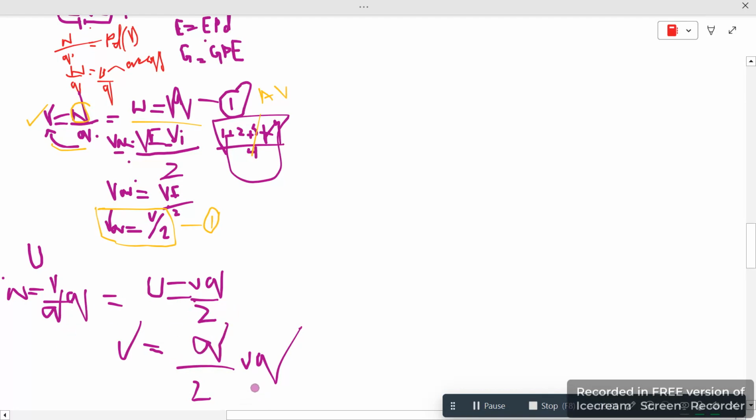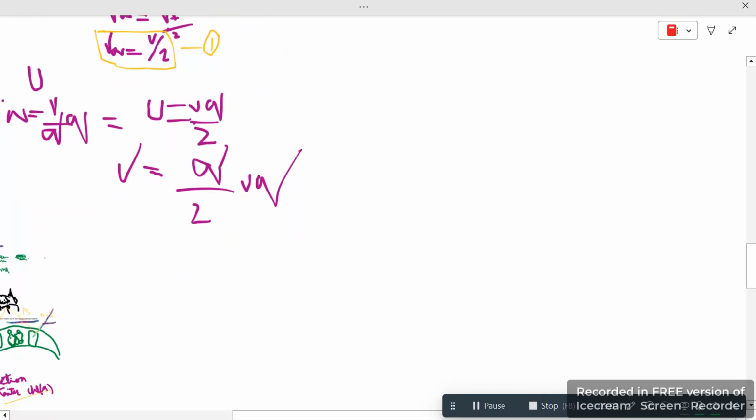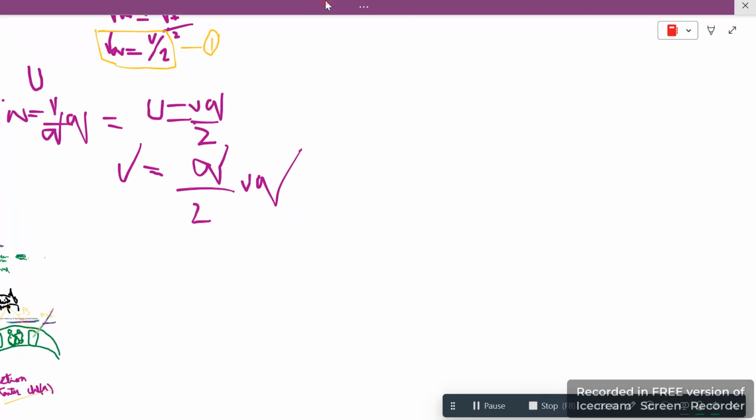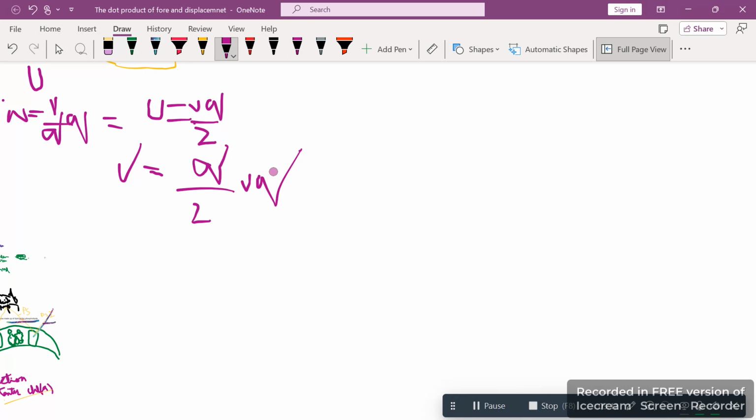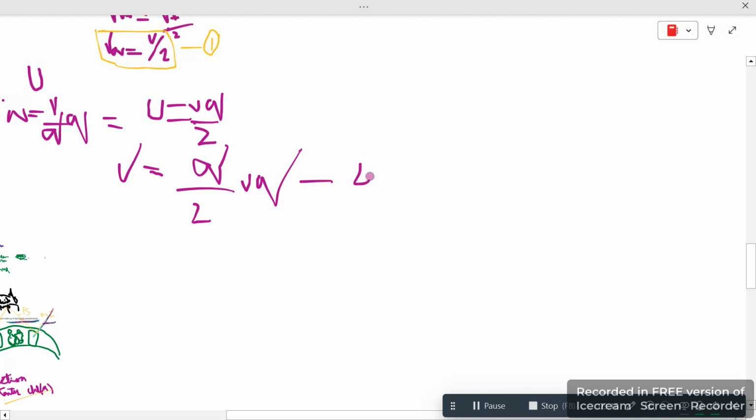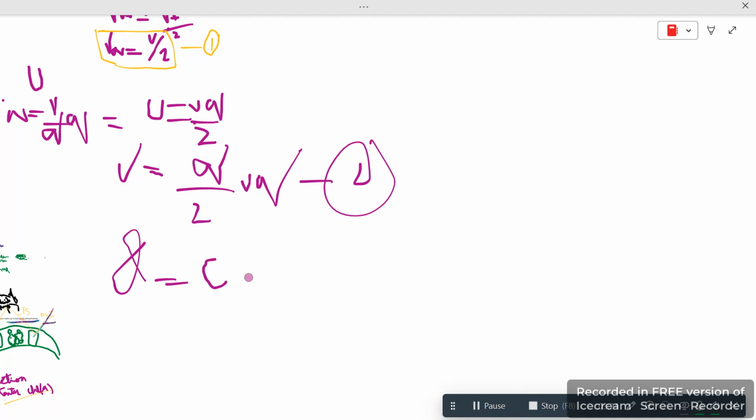We have placed this accordingly. Okay, then what will happen, this will become the second equation. Then we know that the charge Q here is also equal to C capacitor per volt.